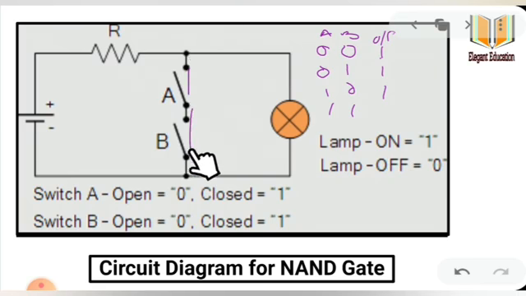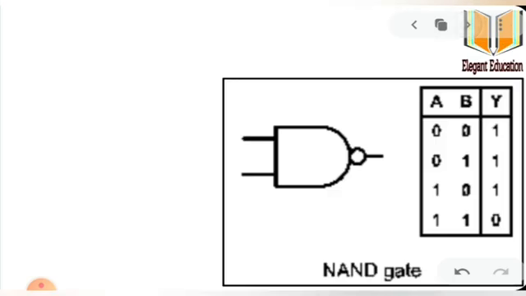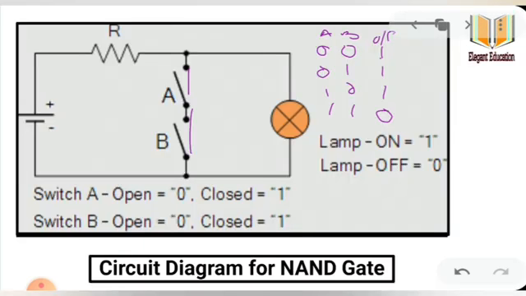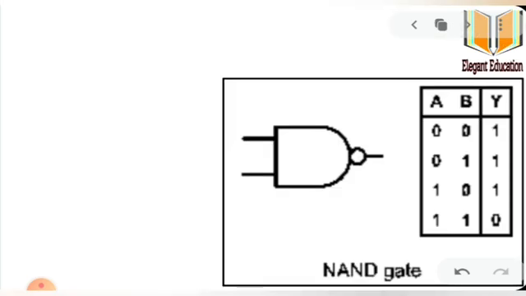So it will flow through this circuit and complete it, whereas it will not pass through the lamp. So I am getting output as 0. Let us check: 0 0 gives 1, 0 1 gives 1, 1 0 gives 1. As we discussed earlier, when both the inputs are high, we get output as low, and for the rest of the inputs it will give high output.